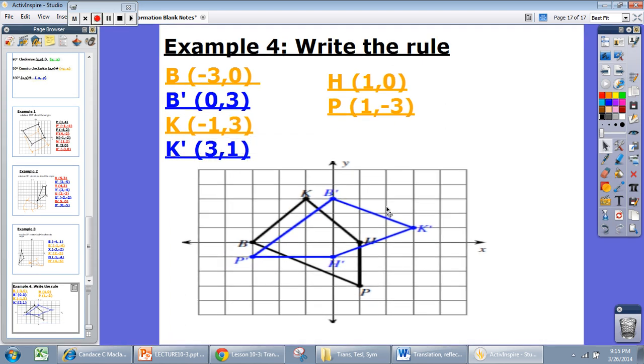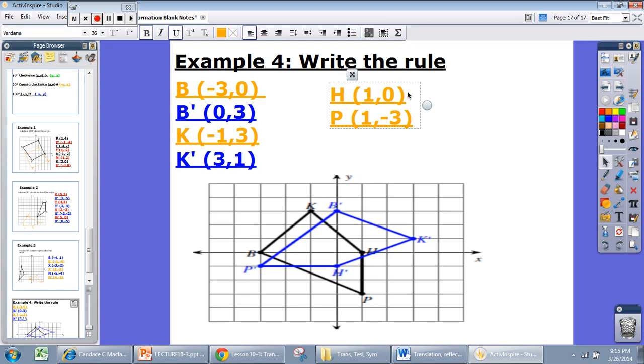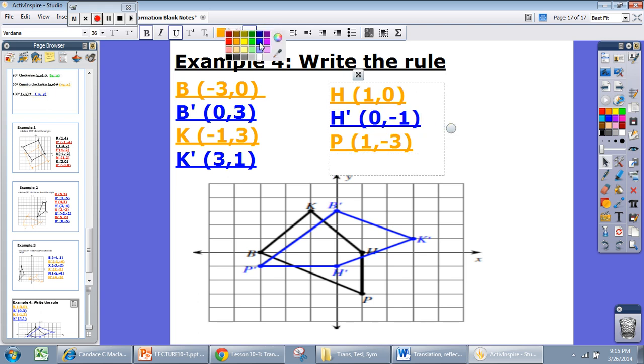I should move this graph down a little bit. Let's do the other two real quick. H prime is 0, negative 1. And last but not least, P prime is negative 3, 1. Okay, fantastic.